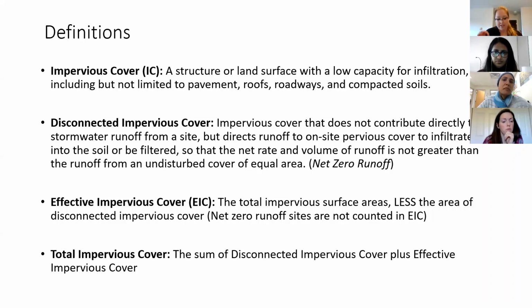So the goal is to increase the disconnection of stormwater to reduce the effective impervious cover in your watershed. The higher your disconnection rate, the lower your effective impervious cover. So that's kind of setting the groundwork for this presentation.